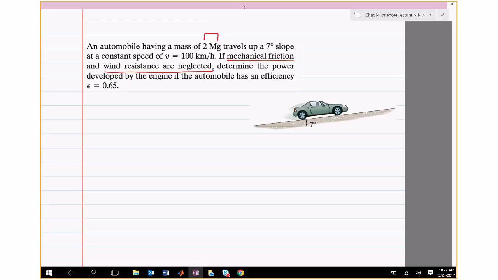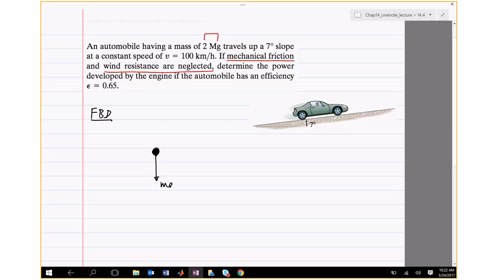So again, draw the free body diagram for the car. This is a particle problem, so it doesn't matter if you draw it as a point mass. Okay, so there's a normal force.